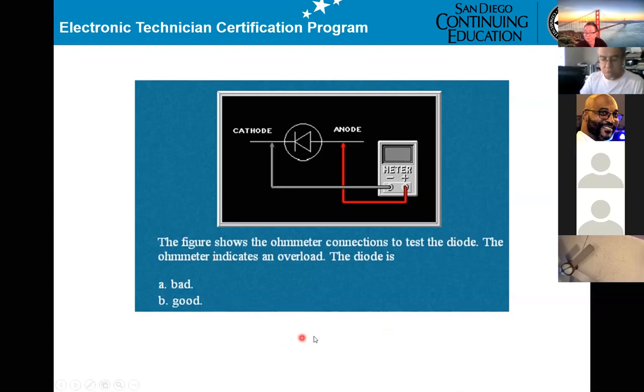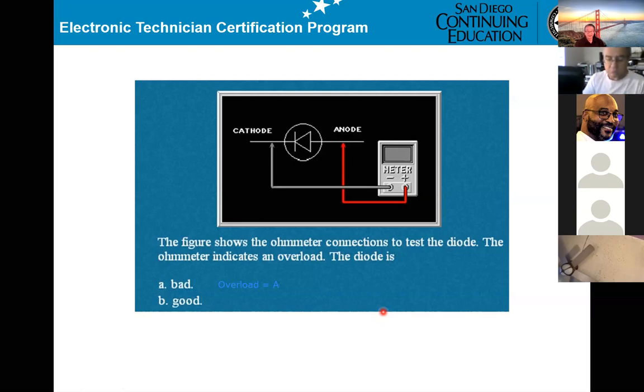I'm sorry, Mr. Pham. I have a question about the measurement. Should we turn off the power supply before we apply the measurement, or keep it on? No. Right now, I'm talking about a single diode. That means the diode is not in the circuit.